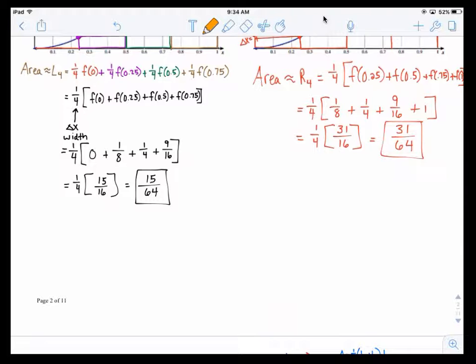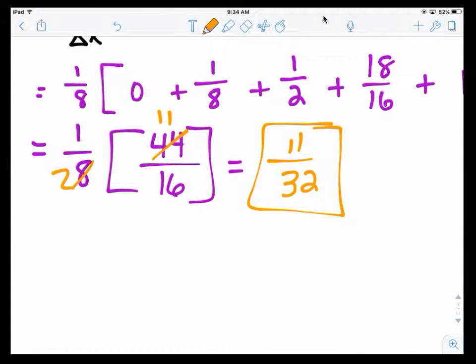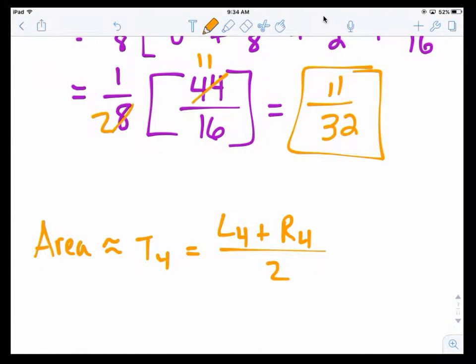So if you do 15/64 plus 31/64, and then divide that by 2, you should get 11/32. So if you take the average of the 2 of those, they should give you close to what that one is.